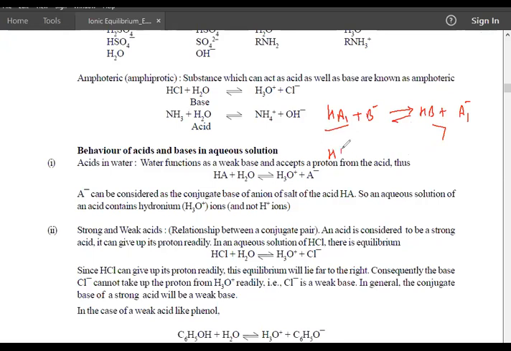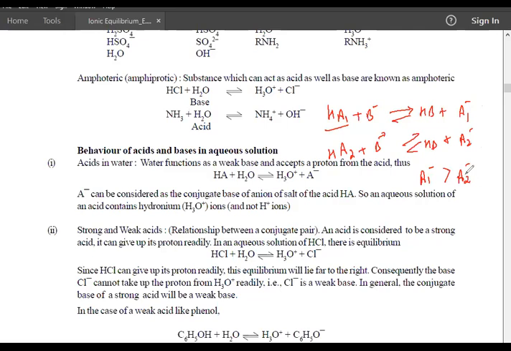Suppose we have the second acid HA2 plus B minus gives HB plus A2 minus. Now I'm saying that this A1 minus is more stable than A2 minus. Means the anion A1 minus is more stable than anion A2 minus.